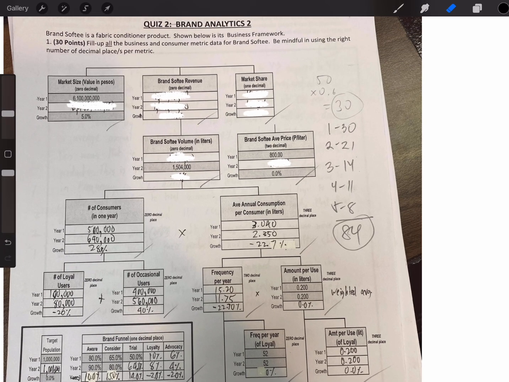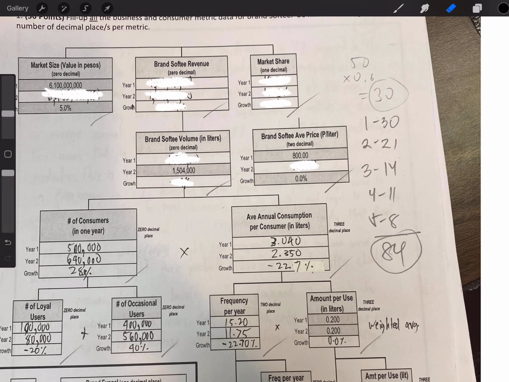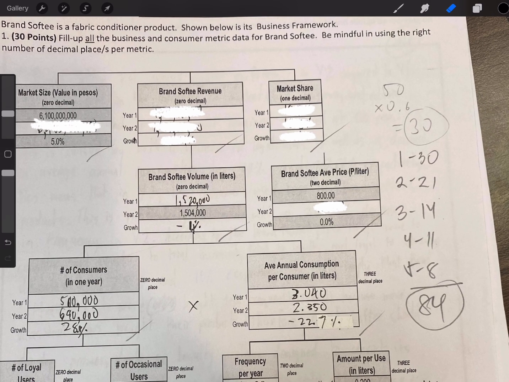We know the year 2 revenue and the year 2 volume. We know that the average annual consumption times the number of consumers is equal to the volume, so we can find year 1. Because we know year 1 and year 2, we can find the growth percentage. Then, since we have the price of year 1, just multiply the volume by the price, very simply, to get our revenue.